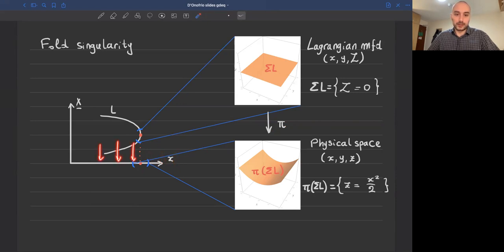And this region where the flow is going to be two-valued, of course, because we have two branches of L, corresponds to the region below this caustic. So the region below this caustic is what we may identify as the fluid domain.